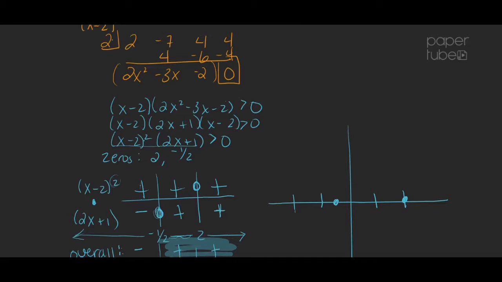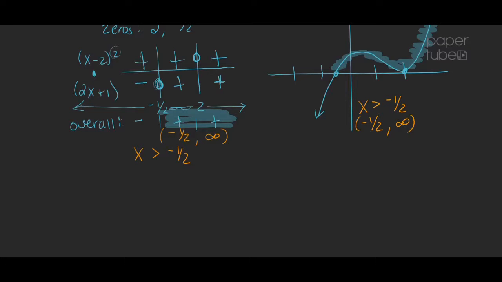The overall function is positive, so it starts up on the right, bounces at 2, and crosses at -1/2. So now just glancing at my graph, I can tell that it's greater than 0 in all of these places, which match up with that number line result. It's anywhere that's to the right of -1/2 or greater than -1/2.